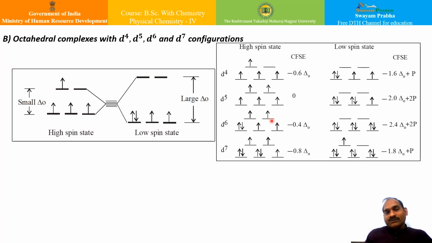One must note here that the high spin state does not involve the additional pairing energy, because these electrons are already paired in the free metal ion, and low spin states take into consideration only those pairings which are additional. So this is just to note down.